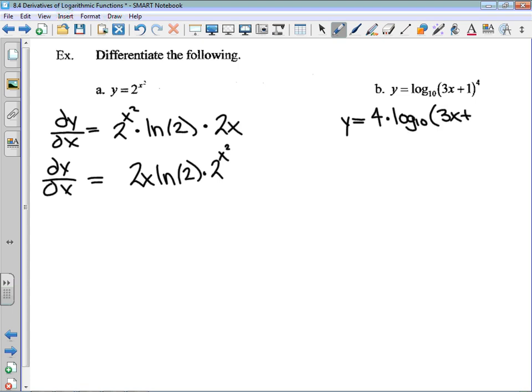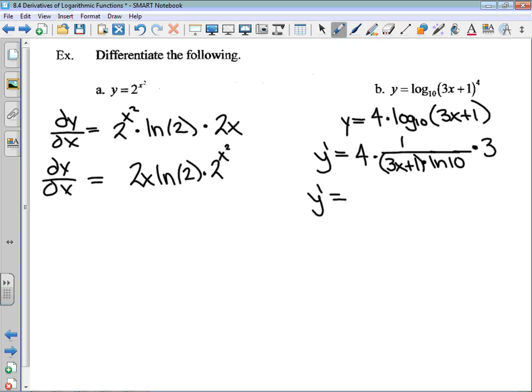When we take the derivative, y prime will be 4 times 1 over the argument of the logarithm, so that's 3x plus 1, times the natural log of the base, which is 10, and then finally we multiply by the derivative of the inner function, 3x plus 1, so we multiply by 3. I can clean that up a little bit, and I get 12 over 3x plus 1 times the natural log of 10.